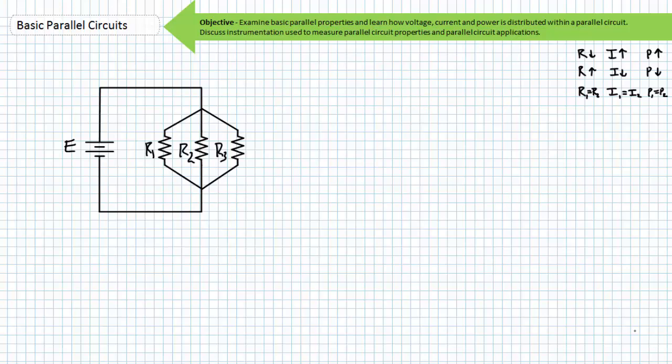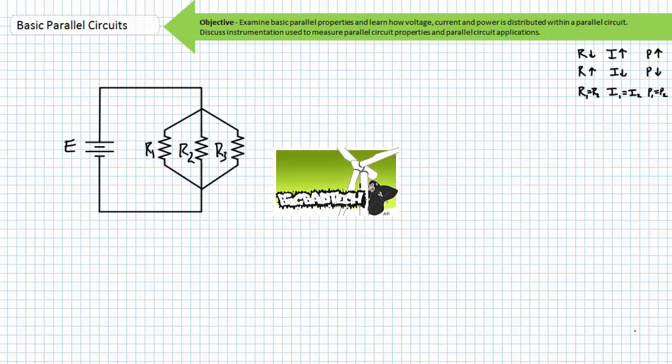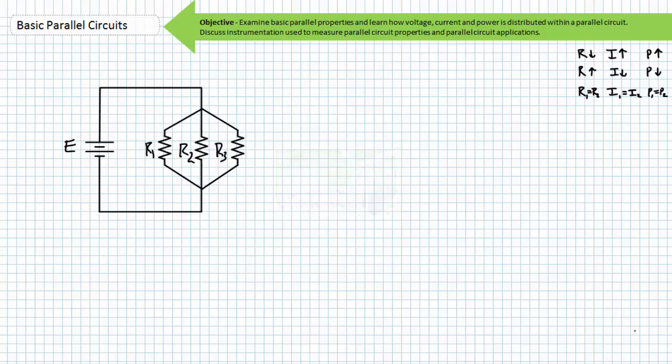Let's now briefly discuss how common electrical instrumentation is employed within a parallel circuit. Recall from the lab practices lectures featuring DMMs employed in voltmeter and ammeter mode, available at the Big Bad Tech channel, the fundamental difference between voltmeters and ammeters is that of across versus through. Voltmeters measure voltage across 2 points and are employed in parallel.